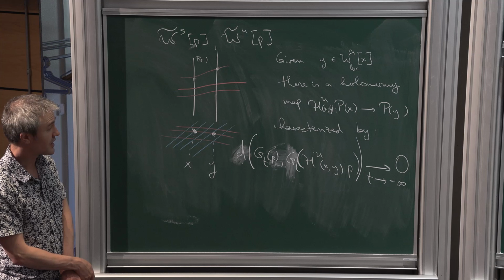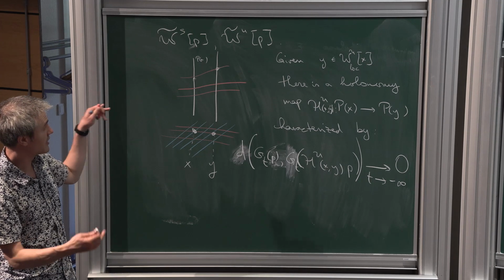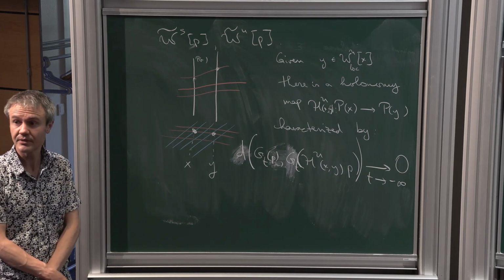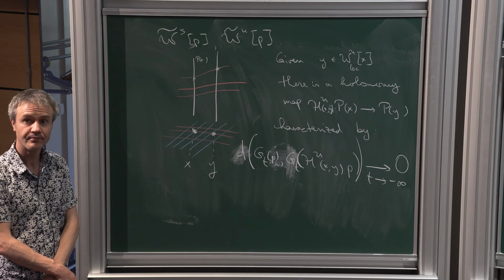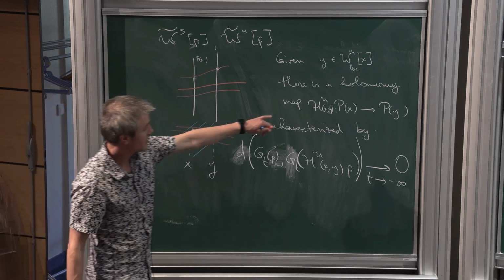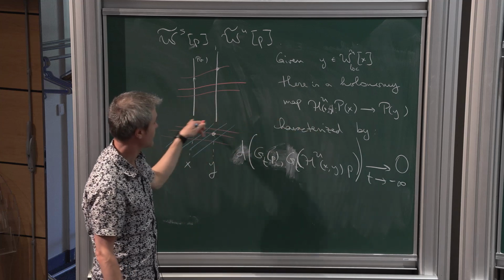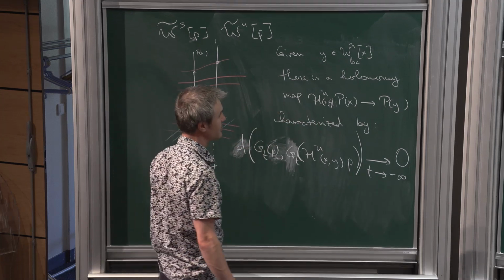If I do the same on the stable, then they approach each other at plus infinity. Okay? So there's this way to identify fibers along stable manifolds and along unstable manifolds.